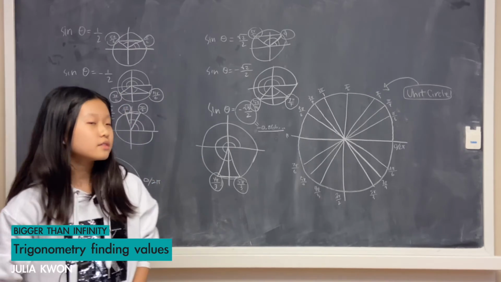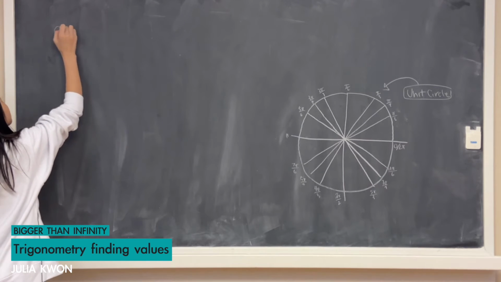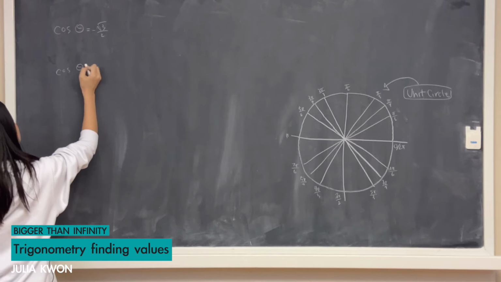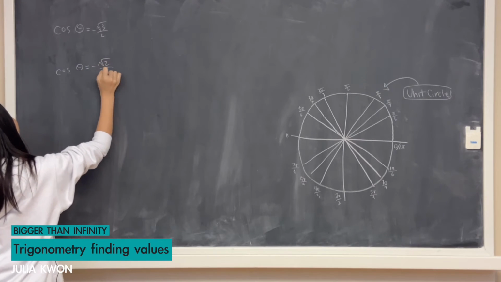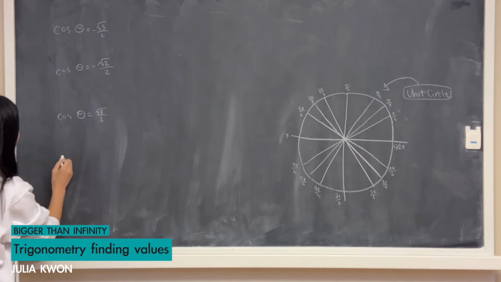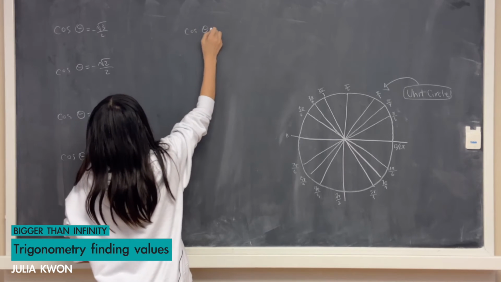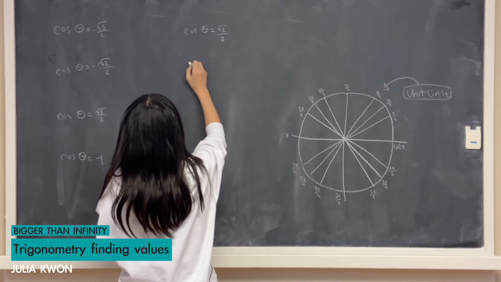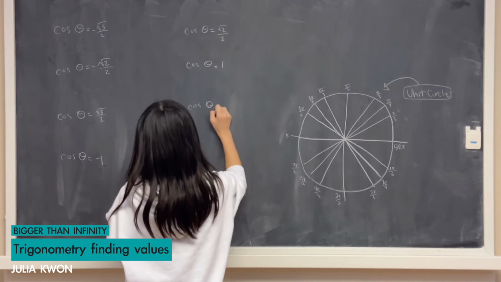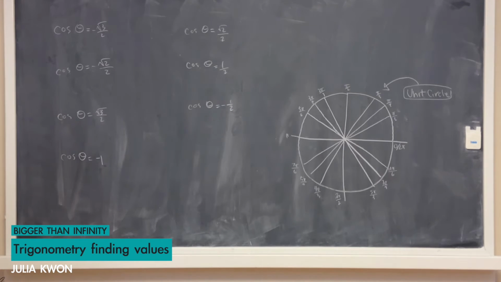So I'll erase all these and provide some examples for the cosine theta. So here are the examples that I've provided for you guys.